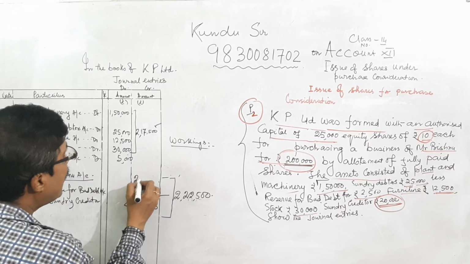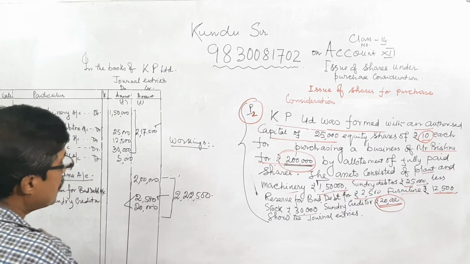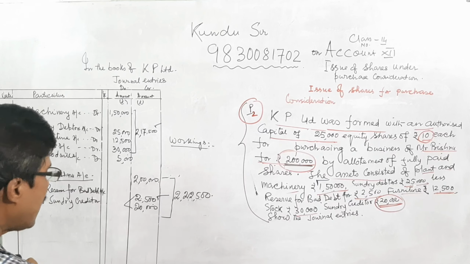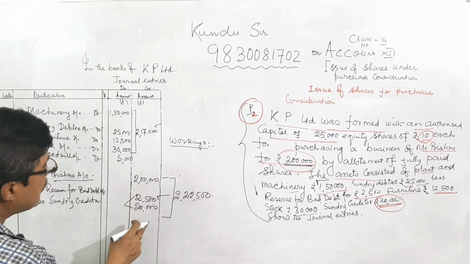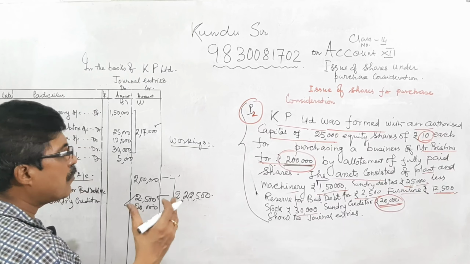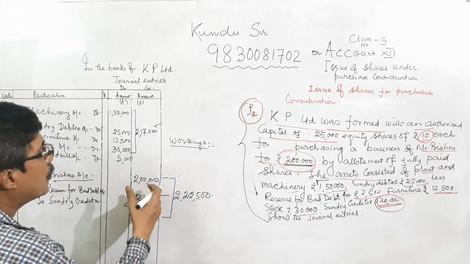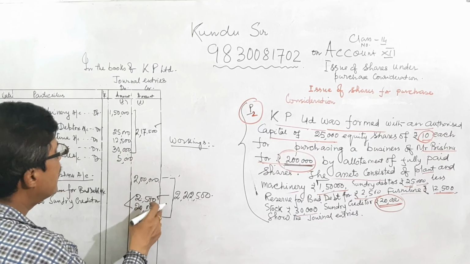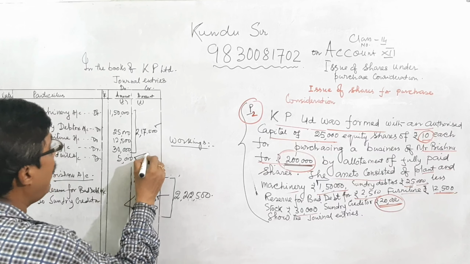We are giving 2 lakh rupees of shares to Vishnu instead of 1,95,000, because this minus this, Vishnu is entitled to get 1,95,000 in the form of equity shares, but we are giving 2 lakh. That difference is to be considered as goodwill.